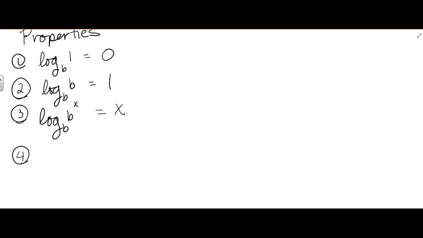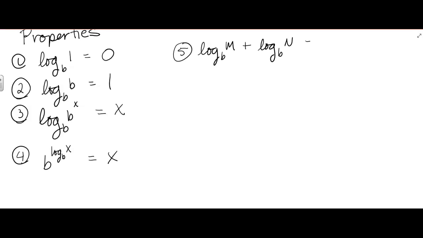The other one, I don't think we've seen this one today, but it's if you have b to the log base b of x, that equals x. So I'll just put property 5 here again. It says log base b of m plus log base b of n equals log base b of m n.